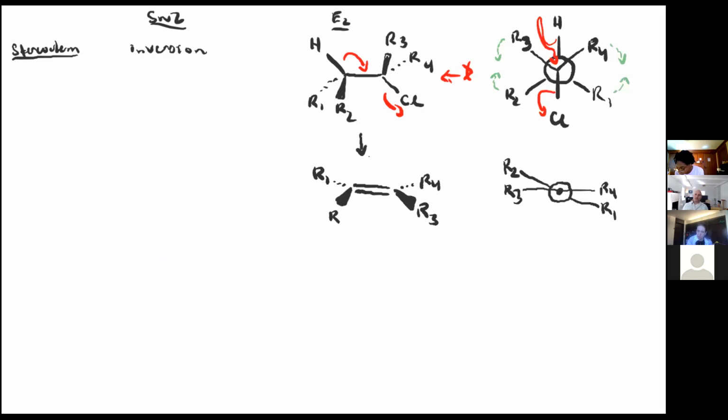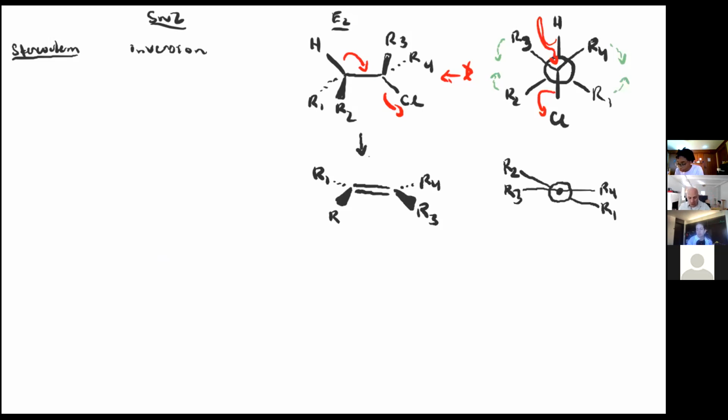So when you're trying to think about the geometry for the E2 elimination, do not despair. Orient the substrate in the antiperiplanar conformation. So CH, CX, antiperiplanar, okay?